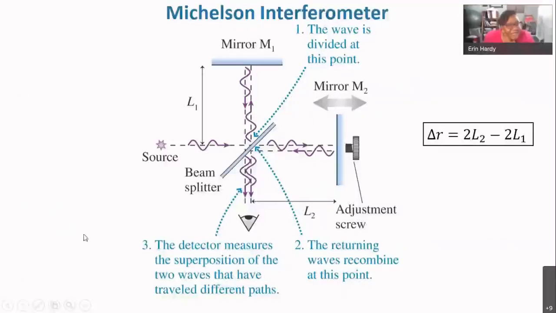So this experiment, there's a kind of cool long story that's associated with this device here that actually involves, I don't remember whether it was Case or Western Reserve before they joined together to Case Western as they are now. But these two scientists, Michelson and Morley, were based right here in Northeast Ohio.